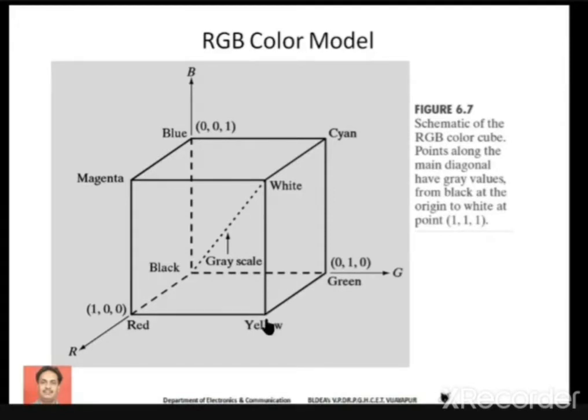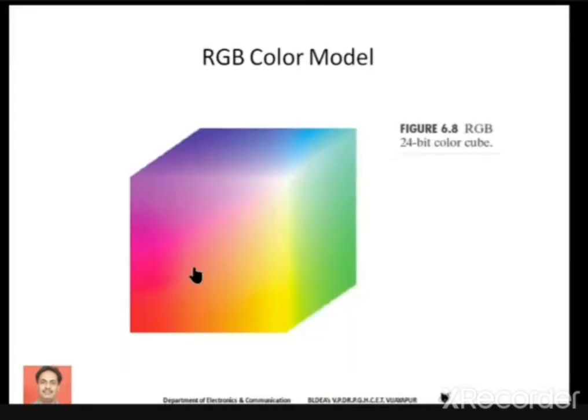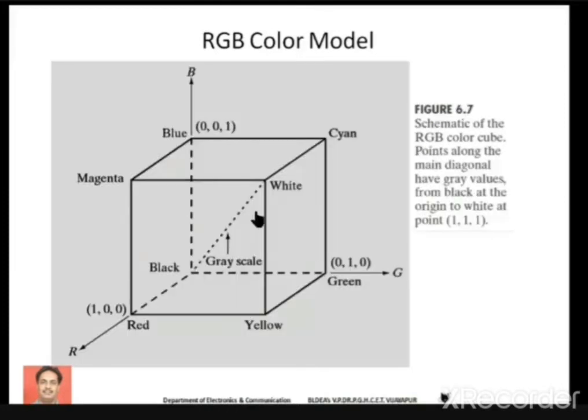So three corners indicate the primary colors. The other three corners indicate the secondary colors, which are simply mixtures of primary colors. And remember, in the RGB cube, black is situated at the origin, and white is at the farthest point.